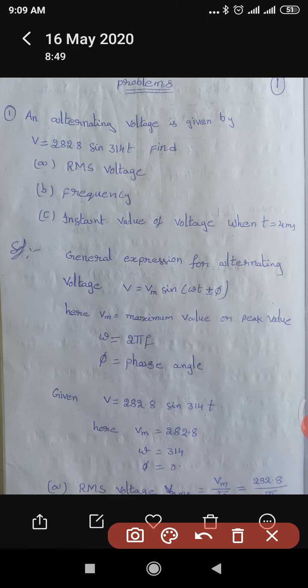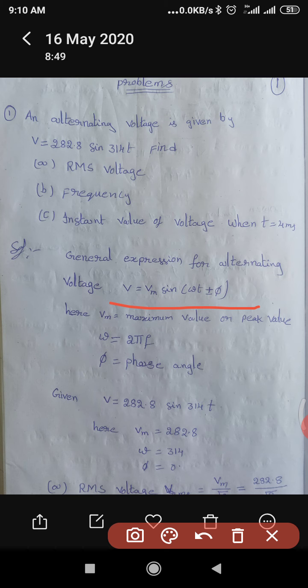Generally the expression of the AC voltage is given by V is equal to Vm sin(omega t plus phi), where Vm is called maximum voltage or peak voltage, omega is in radians per second, and phi is the phase angle.